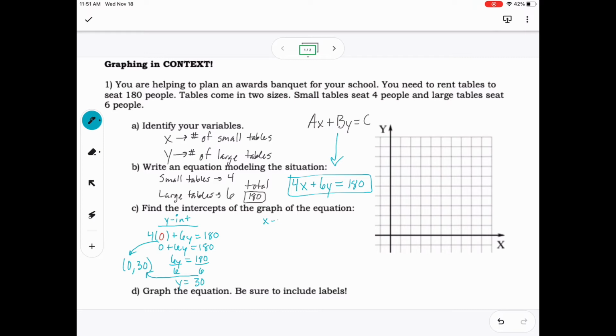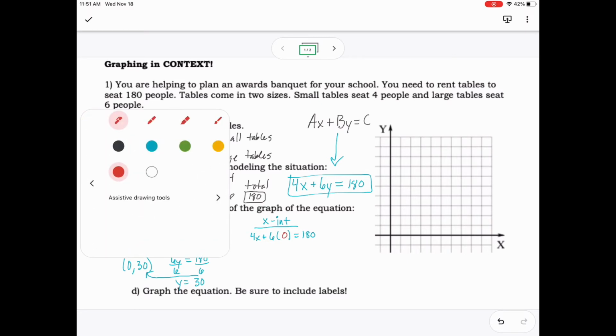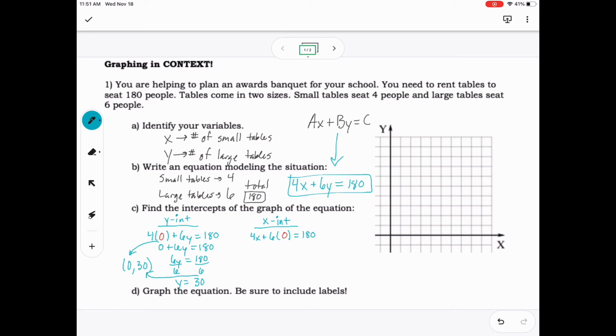So now I want to do the same thing for my x-intercept. But here, instead of plugging in 0 for x, I'm going to plug it in for y. So I plug this value in. 4x plus 6 times 0 should be 0. 4x plus 0 is 4x.